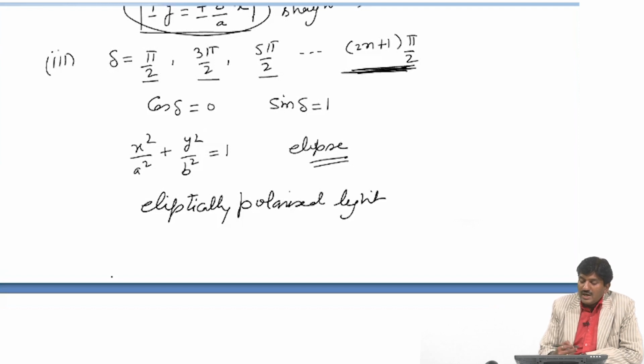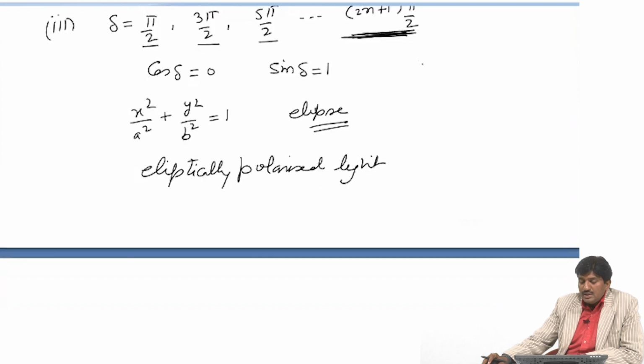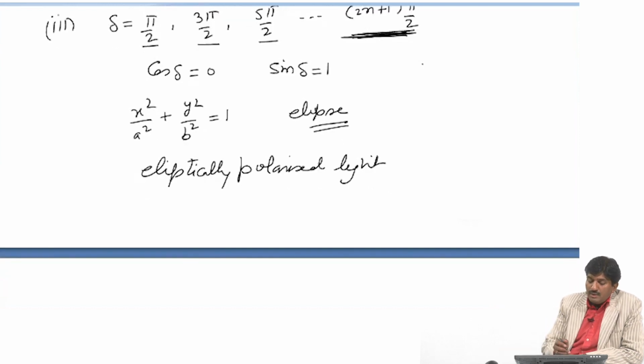Suppose light passes through the crystal and the phase difference between E ray and O ray is (2n+1) pi by 2, then the light emergent from the crystal should be elliptically polarized light.